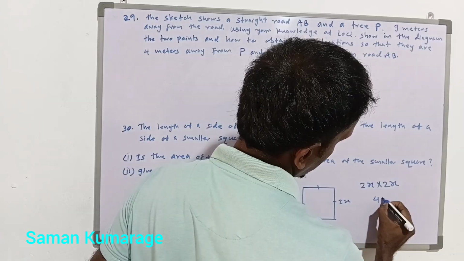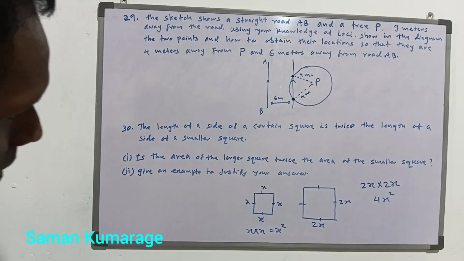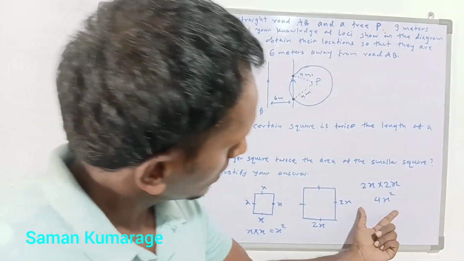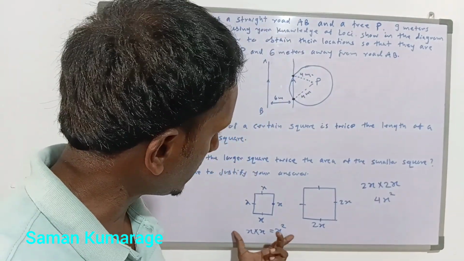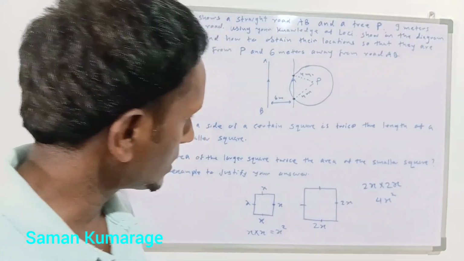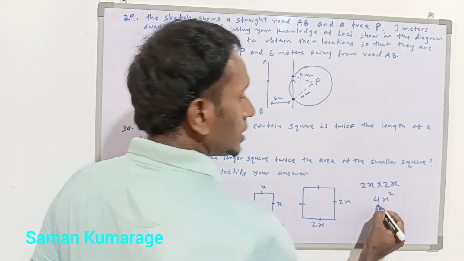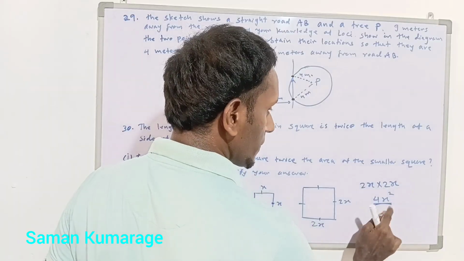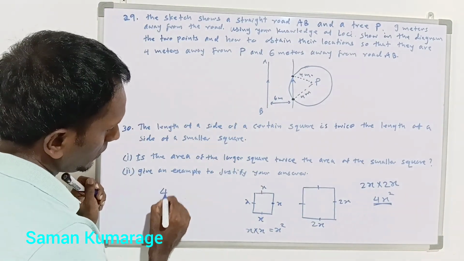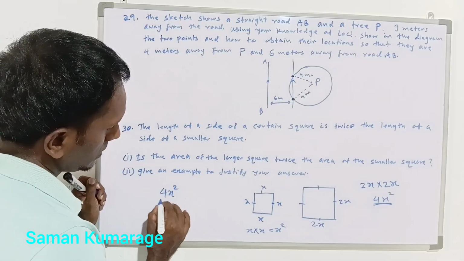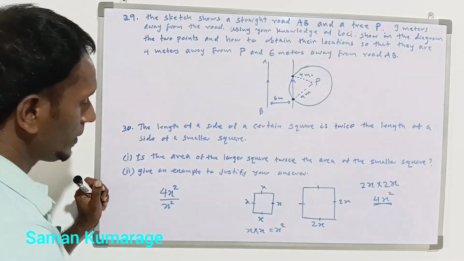it is 4x squared. Now we need to find whether the area of the larger square is twice the area of the small square. For that we need to divide the larger square's area by the small square's area. 4x squared divided by x squared.